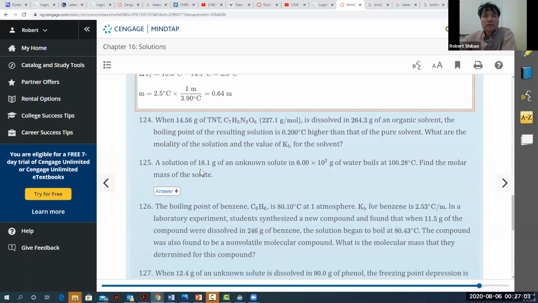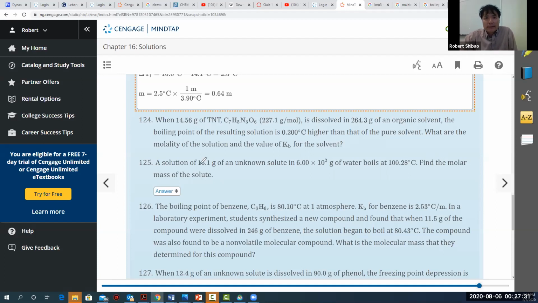A solution of 16.1 grams of an unknown solute in 600 grams of water boils at 100.28 degrees C. Find the molar mass of the solute. Now, this is an interesting application of determining molar mass, or molecular mass as well, using colligative properties. So we want to find the molar mass of an unknown.